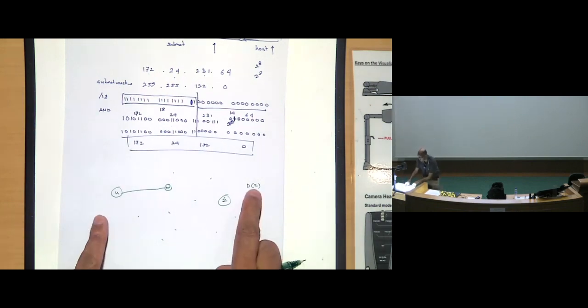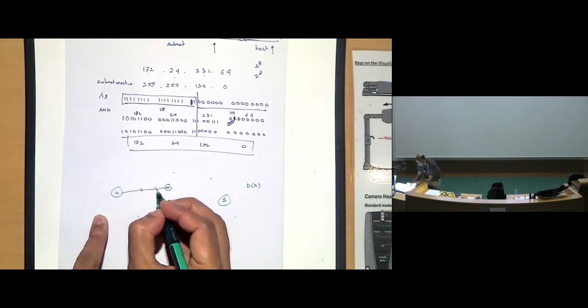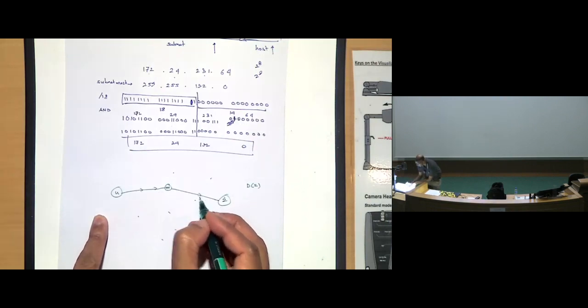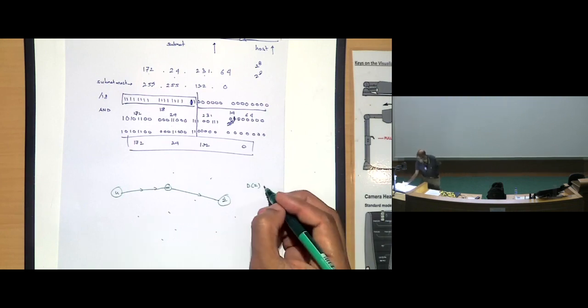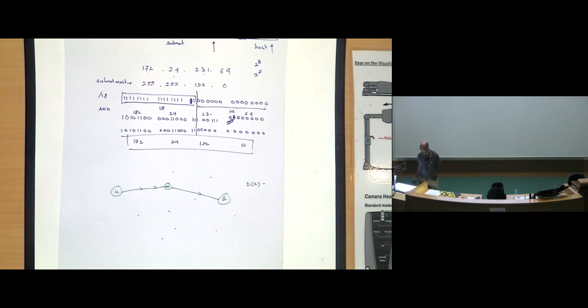Is it better to keep this, or is it better that I first go to W and then go from W to Z? Which is better? If the original one was somehow shorter, I keep it. But if it is better to go to W and then from W to Z, then I know that I need to go through W to go to Z. That's the whole intuition.